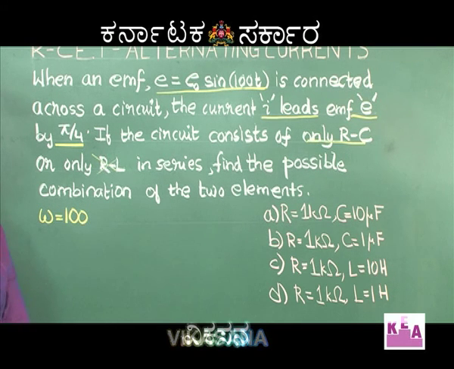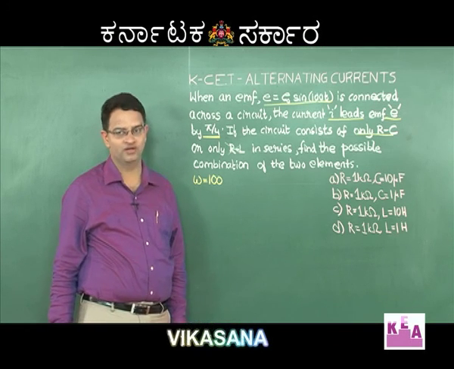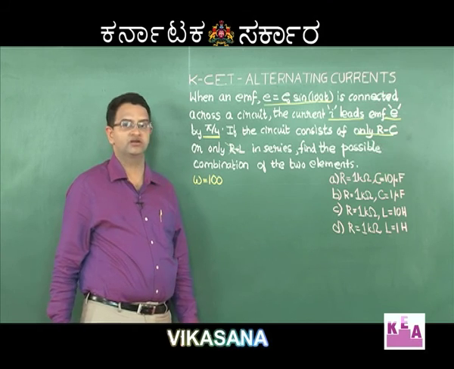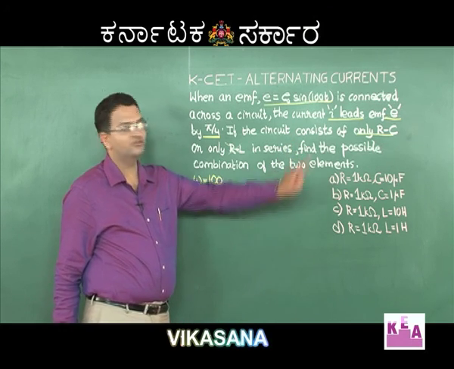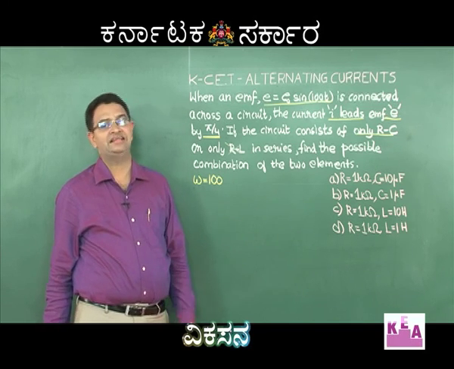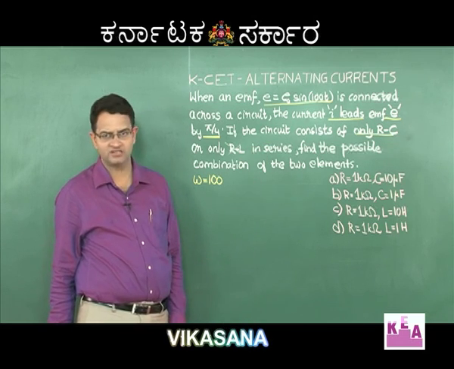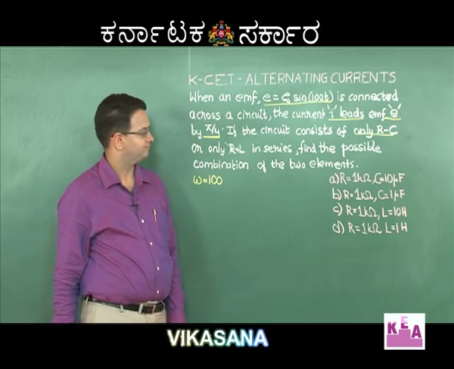Because if we had RL, then voltage would have been leading the current. Here the current is leading the voltage, therefore definitely the circuit is going to be an RC circuit, because the combination could be either RC or RL.